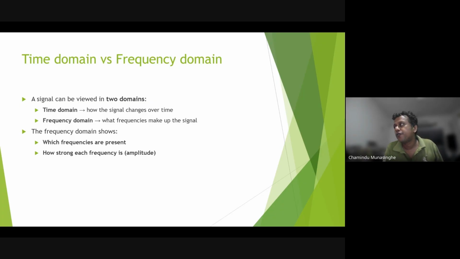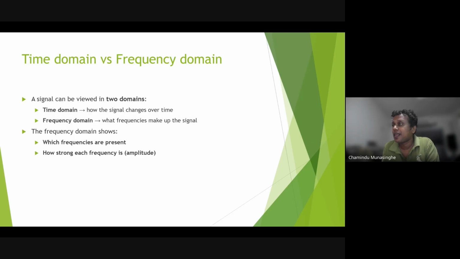So far, we've dealt with the time domain. The domain of a function is the set of values that we take as the input of that function. So in the case of y(t) = sin(2πft), the input is time, right?